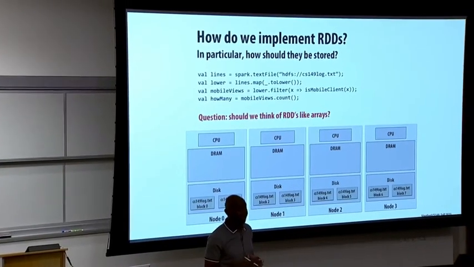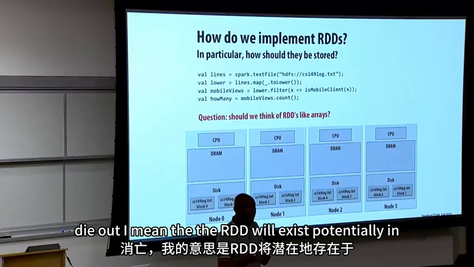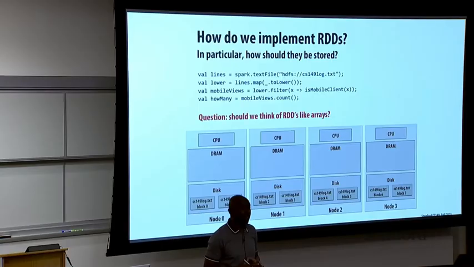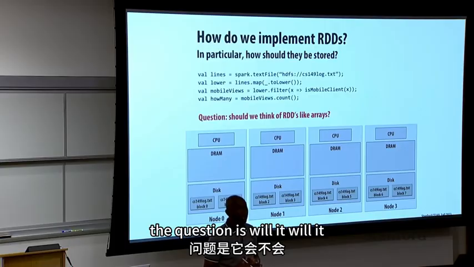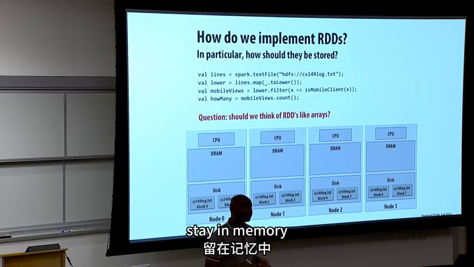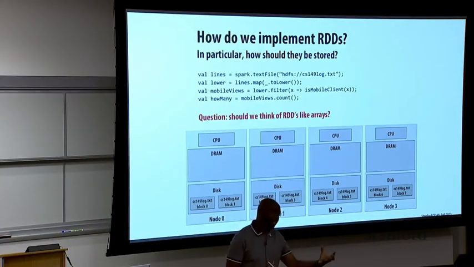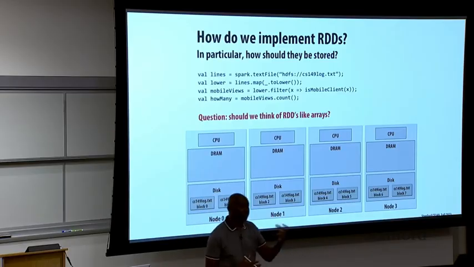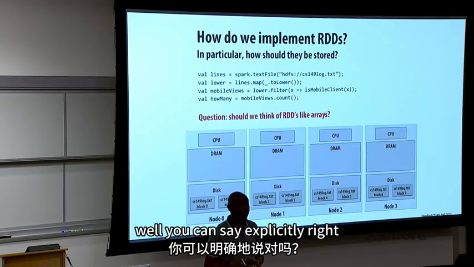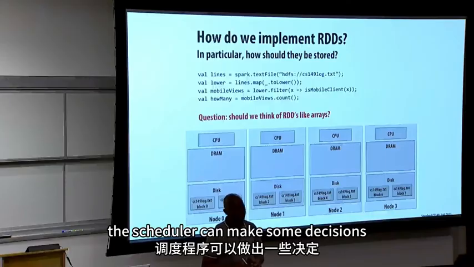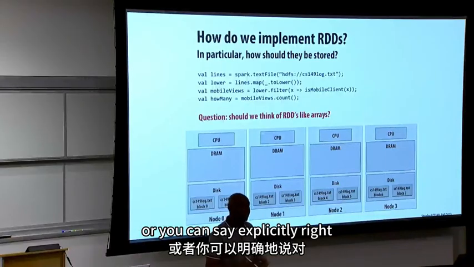The RDD will potentially exist in the file system, right? The question is, will it stay in memory? And that's what persist says: keep the RDD in memory. How do we decide which RDDs get persisted in the file system? Well, the scheduler can make some decisions, or you can say explicitly, right?